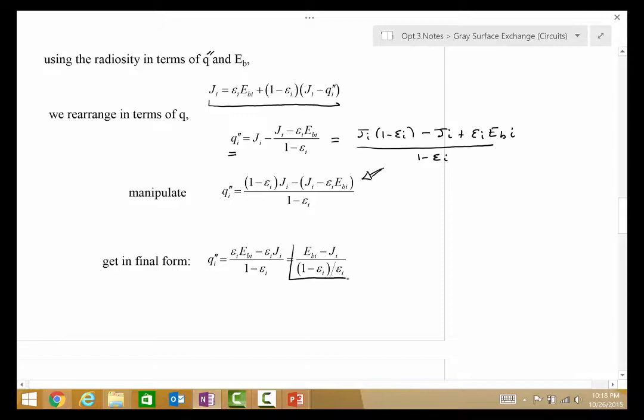And we see that Q, the heat flux, is specified as a difference in potential between the black body emissive power and the radiosity. So that change in potential that we were questioning before is Ebi minus Ji. What we now see is that the denominator can be thought of as our surface resistance, and this is 1 minus epsilon i over epsilon i.